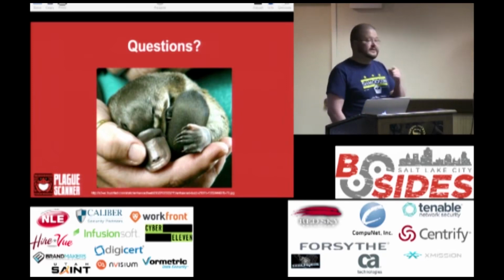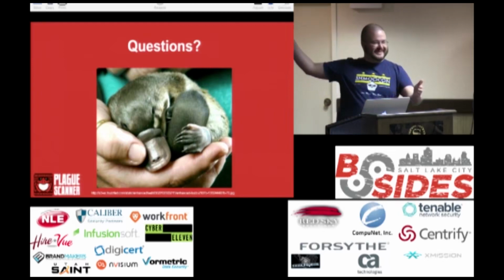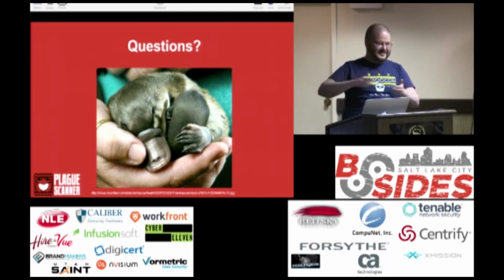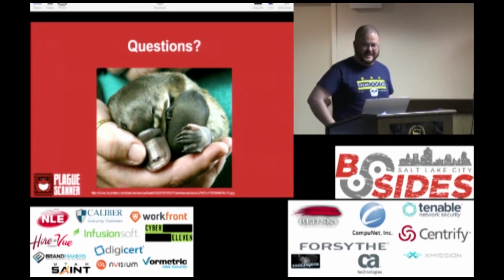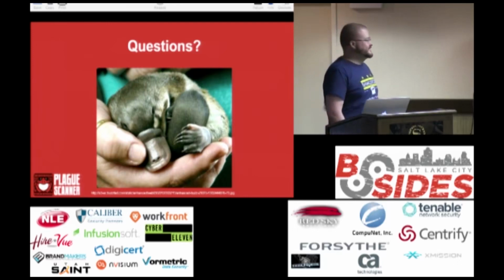Yes, so I do want to do mobile, but right now I've already got a lot of scope, so I'm trying to just get the core of it done, and then I can start working on that. But very good point. If you want to come talk to me, I'll let you know when it's ready. Any other questions?